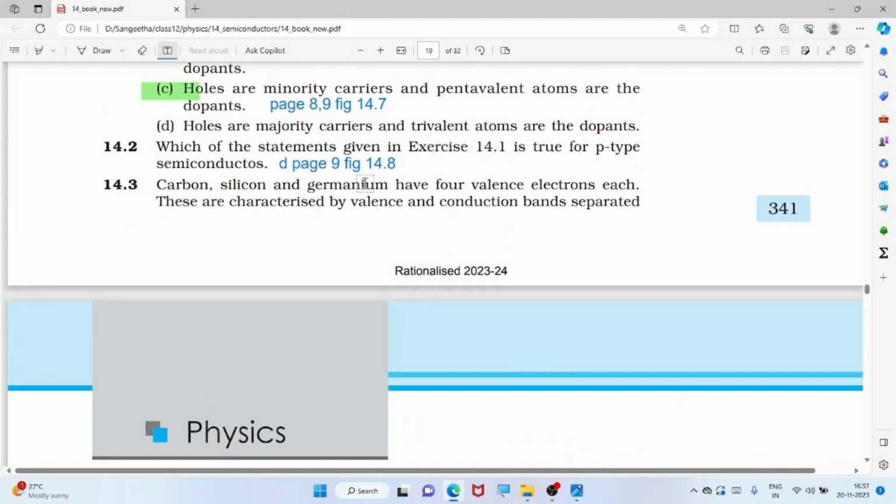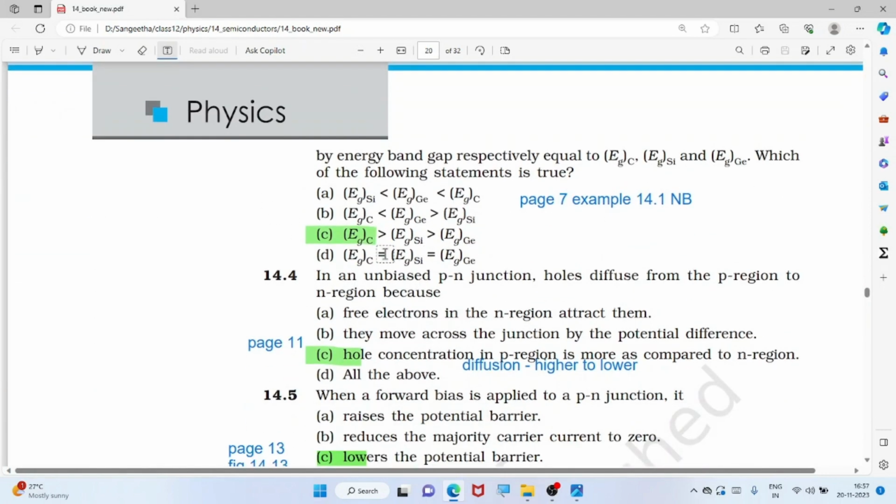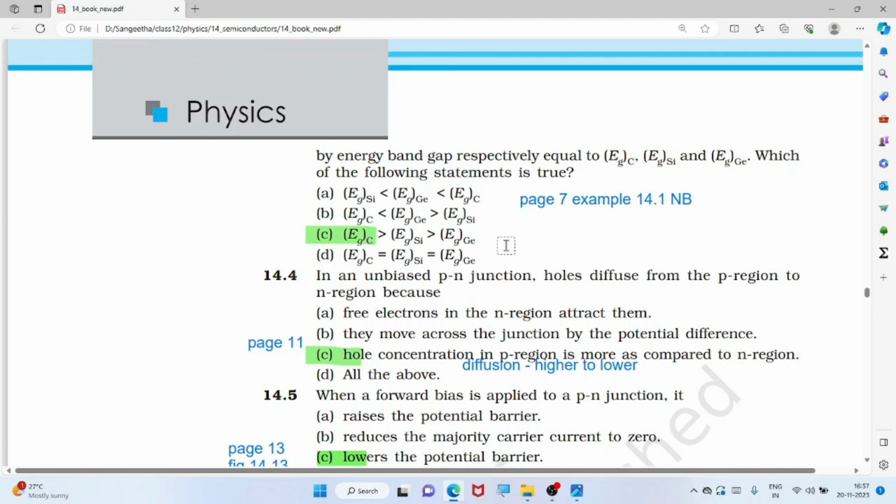Carbon, silicon, and germanium have 4 valence electrons. They are characterized by the valence and conduction band being separated. I already showed you the carbon valence electron in the second orbit, silicon in the third orbit, germanium in the fourth orbit.